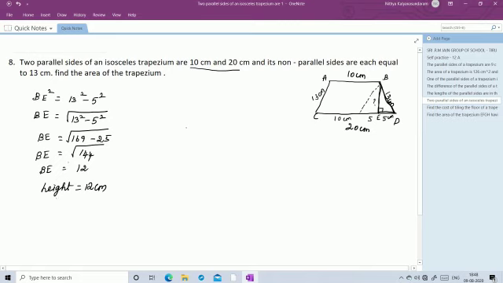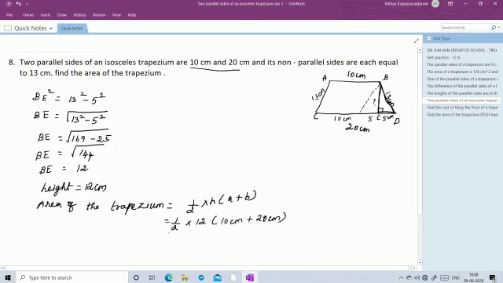So by using the formula, calculate the area of the trapezium. Area of the trapezium is equal to half into h into a plus b. Half into height, which is 12, then a is 10 centimeter plus 20 centimeter.